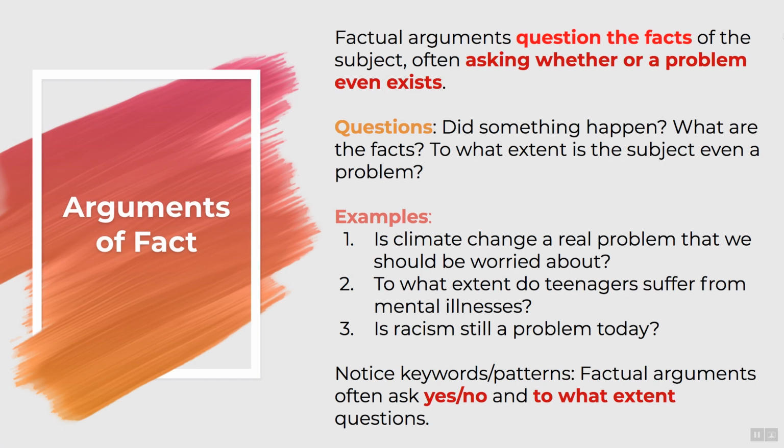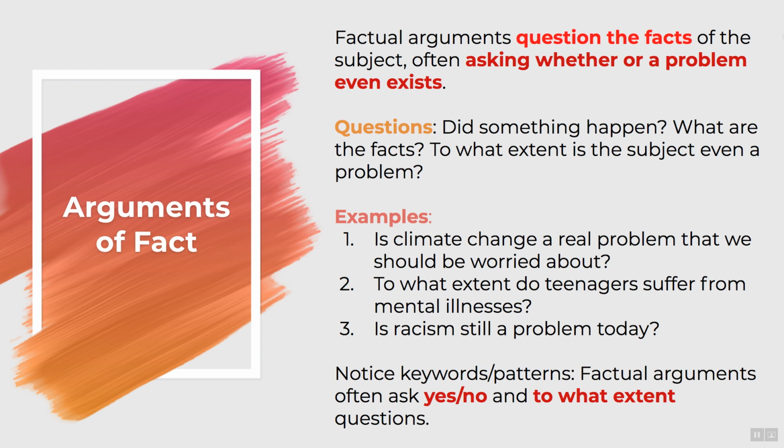We start with arguments of fact because that's really the place where we encounter disagreement first. If we don't agree about the facts, we can't move forward into anything else. Factual arguments question, well, obviously the facts of the subject. They ask whether or not something is true, whether or not a problem even exists.